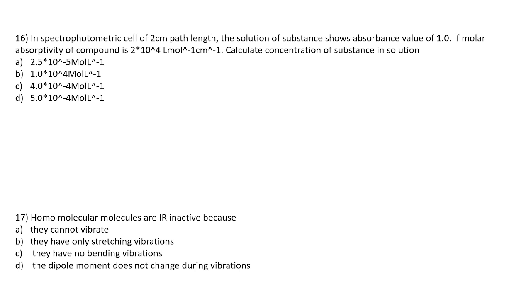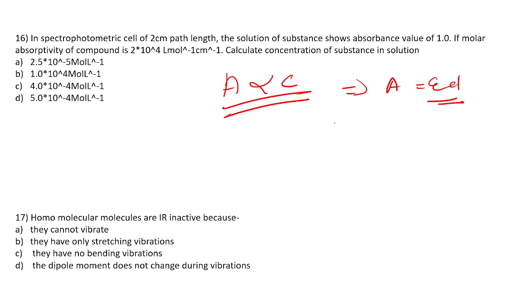How can we do this? We can do this with the help of the Beer-Lambert law, which states that absorbance is directly proportional to concentration, which means absorbance equals epsilon C l. So concentration equals absorbance upon epsilon l.